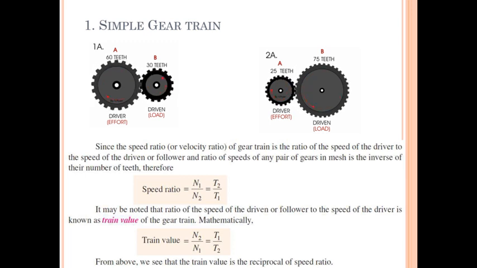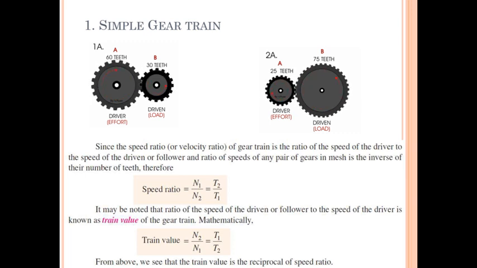We will assume the first gear A as the driver and the second gear B as the driven gear. In the second animation too, A is the driver gear and B is the driven gear, but we observe that the diameters of these two gears are different, isn't it?